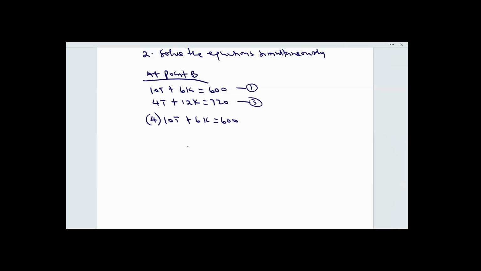So 10 multiplied by 40t plus 12k equal to 720. 4 multiplied by 10 will give us 40t. 4 multiplied by 6, 24k. 4 multiplied by 600 will give us 2,400. 10 multiplied by 4 will give us 40t, plus 10 multiplied by 12, 120k. 10 multiplied by 720 will give us 7,200. So this will cancel that.